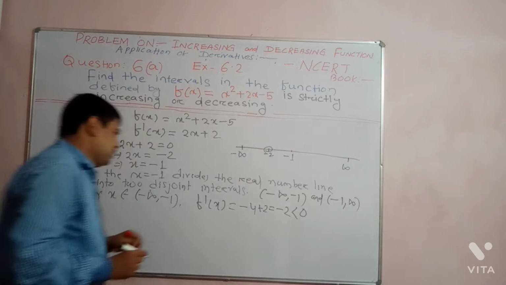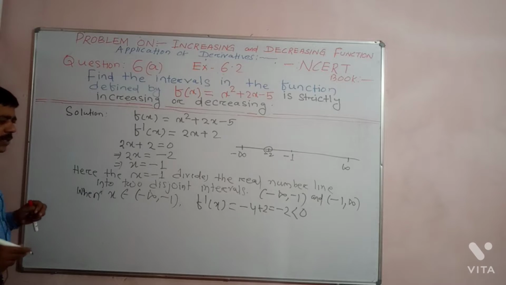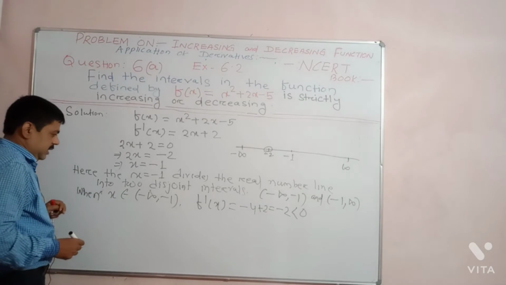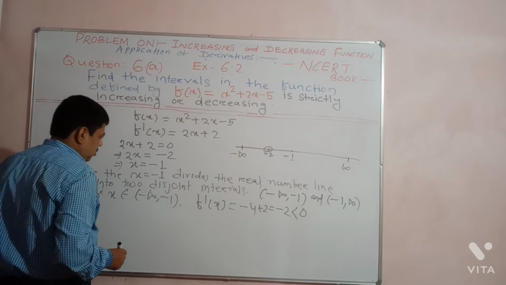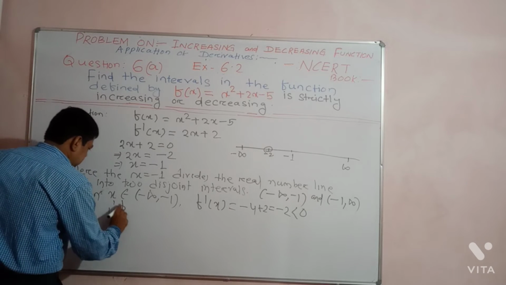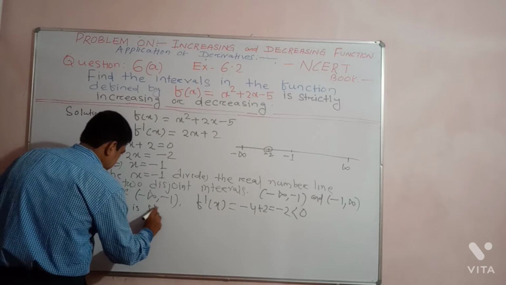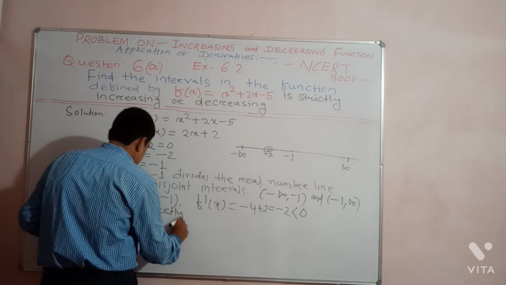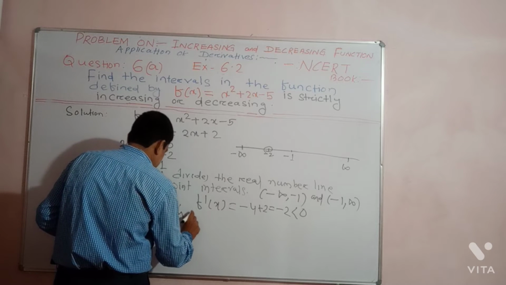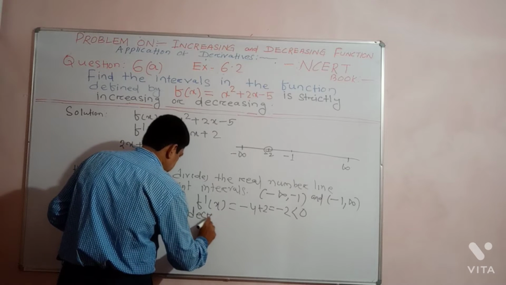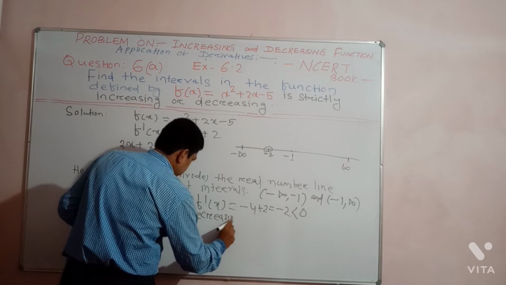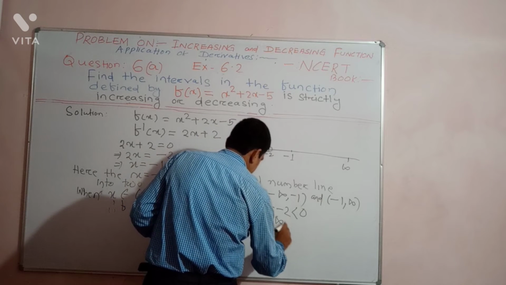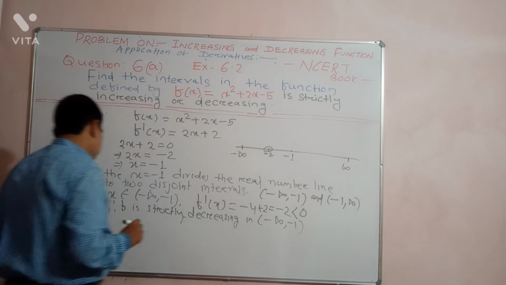Since the slope is less than 0, the function is strictly decreasing in the interval minus infinity to -1. Very simple.